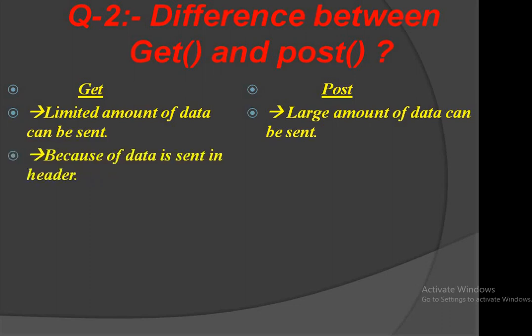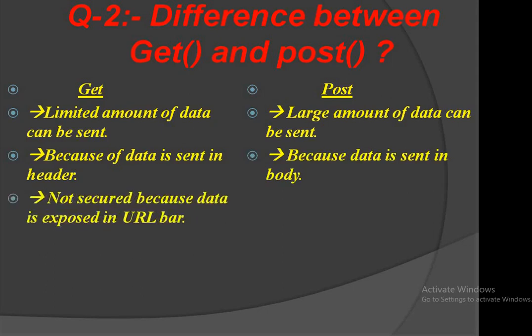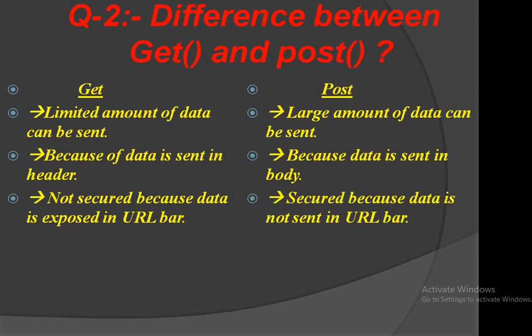In GET, data is sent in the header, and in POST, data is sent in the body. Since data is exposed in the URL bar in GET, it is not secured, but in POST the data is secured since it is sent through the body and not shown in the URL bar.